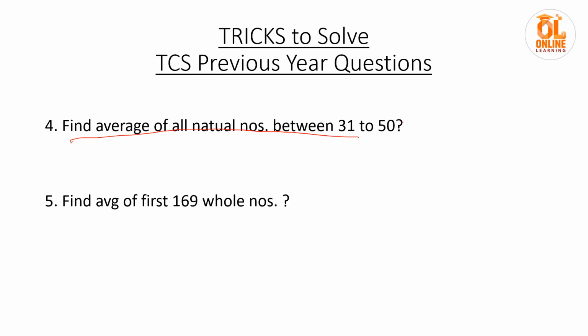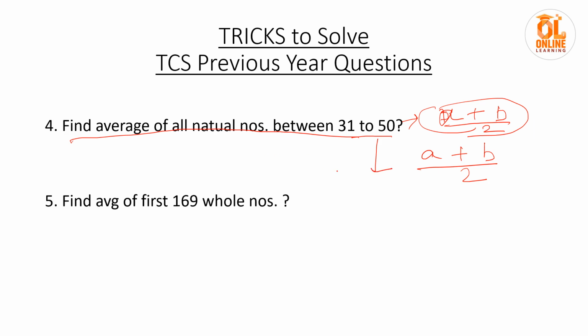So remember, if the common difference of the sequence is same, then the formula will be first number plus last number by 2. Here the difference between the numbers are same because all natural numbers.